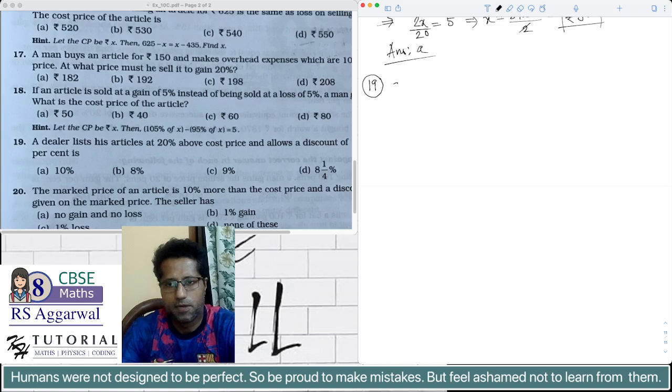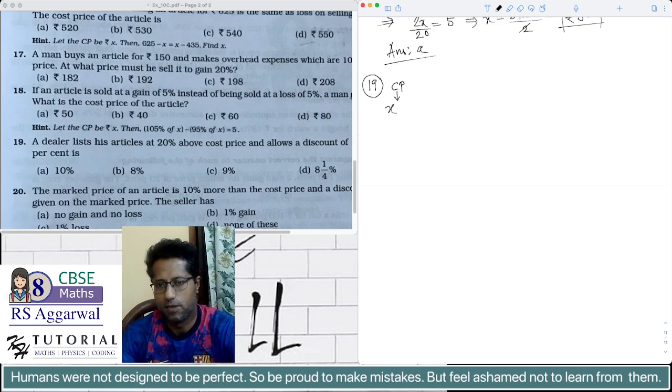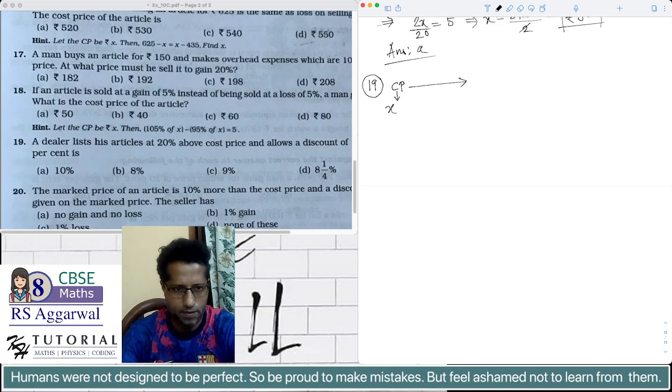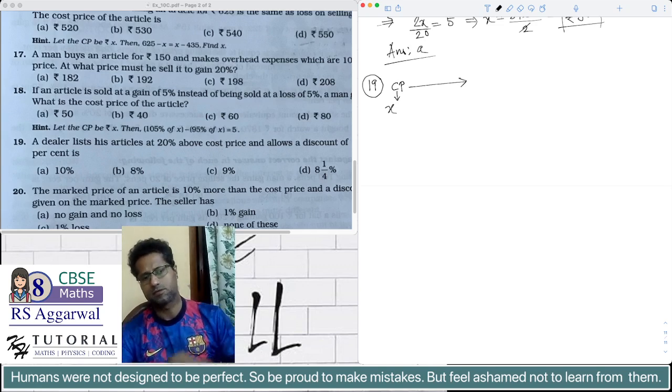So we have the cost price, let it be X. We don't know what it is, let it be X. And we know that the mark price is usually a little more than the cost price, so that the dealer or the shopkeeper can have a profit. It is given that the dealer lists his articles, list and marks mean the same thing.